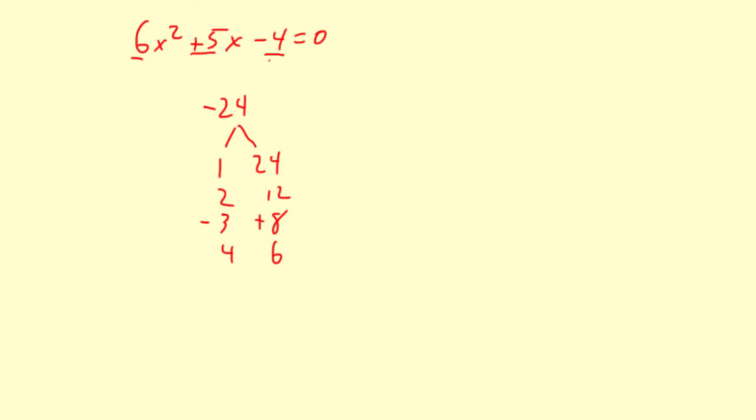So what you do is you split the middle term. So you get 6x squared plus 8x minus 3x, and then minus 4. And then you take the common factor out of the first two terms. It looks like 2x is in common. So that leaves 3x plus 4.